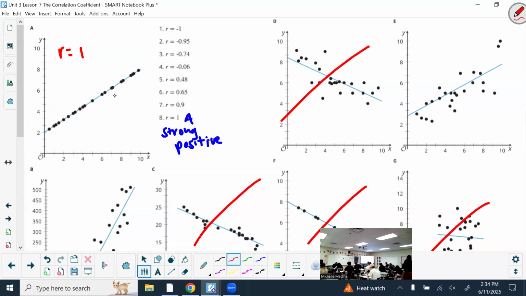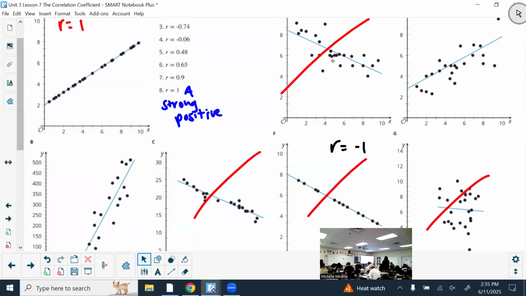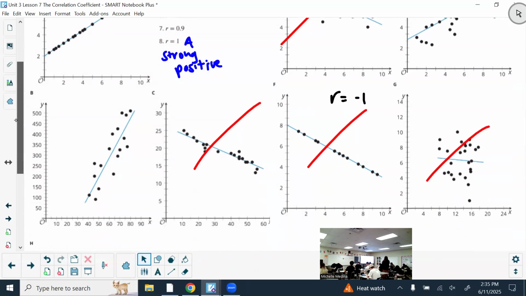All right. Angelo, tell me another match that you're able to make. Negative one, R value goes to F. All right, so looking at the ones I crossed out now, they're the ones that were negative.